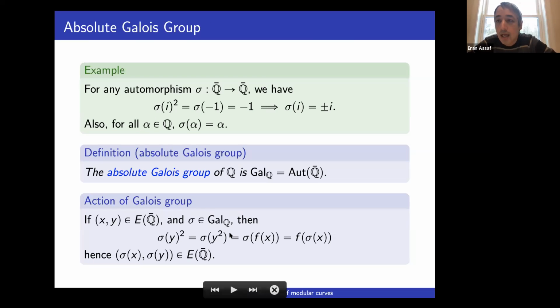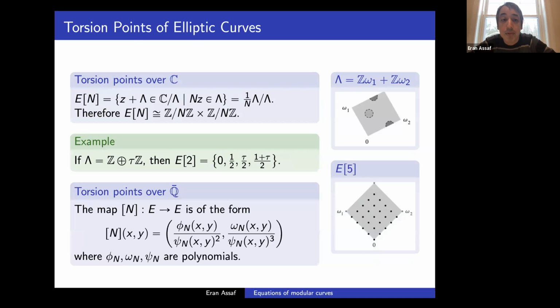Okay, now we would like to look again at torsion points on our elliptic curve, but this time with coordinates in the algebraic numbers. So before we do that, we have to understand the torsion points over the complex numbers.